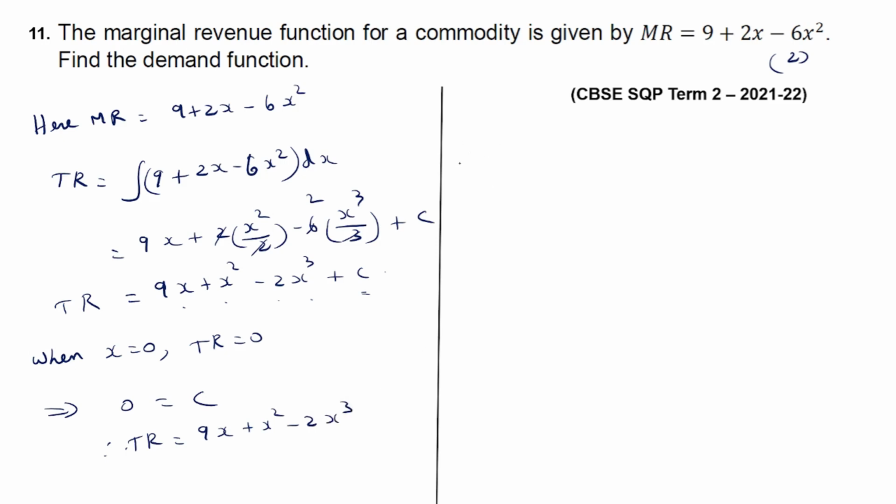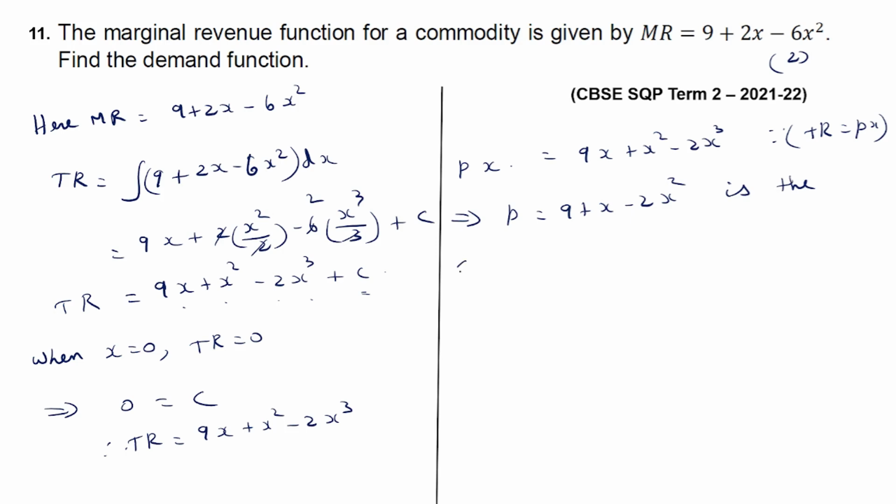We know that total revenue is equal to demand function into x. So, p into x is equal to 9x plus x square minus 2x cube, since total revenue equal to px. From this we get p equal to 9 plus x minus 2x square, which is the demand function.